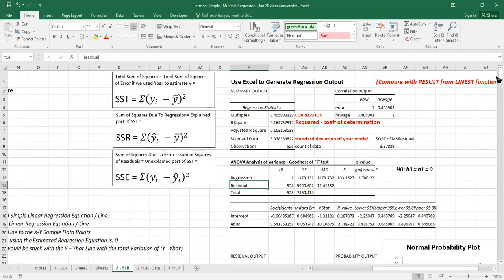Ibig sabihin, yung difference between your actual value and your predicted value or regression model. So here, tatawagan natin siyang SSR, sum of the squares. And this one, we're going to call it SSE. Sum of the squares of your regression, ito yun. Sum of the squares of your residual.